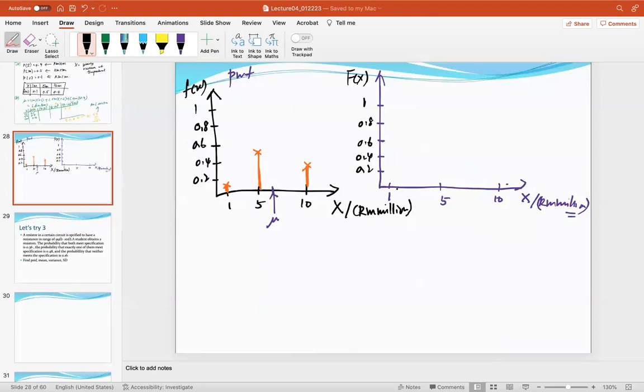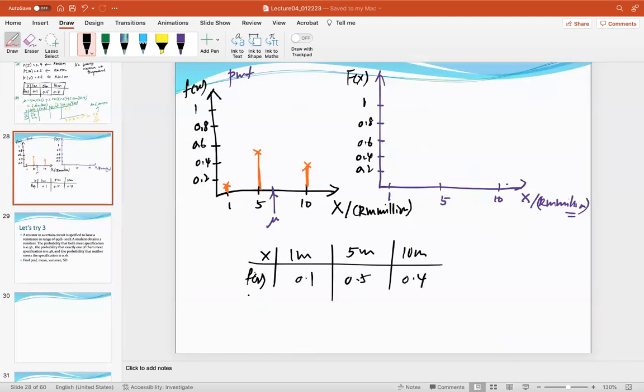From this graph, I draw the table again: 1 million, 5 million, 10 million, fx is 0.1, 0.5, 0.4.